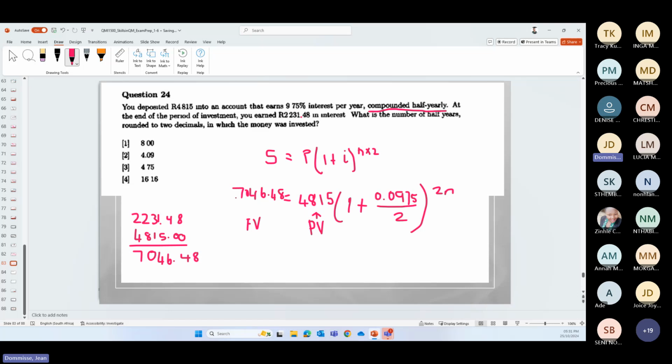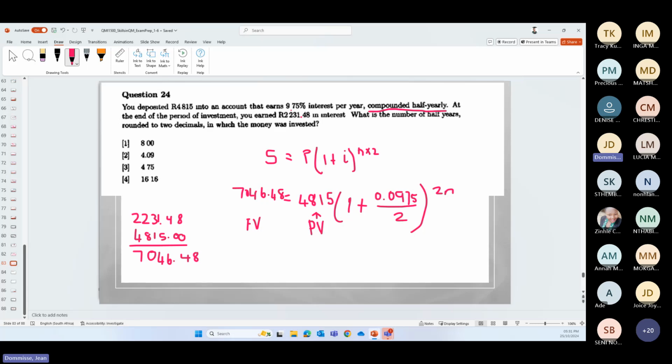So future value is 7046.48. Present value is 4815. There are no monthly payments or anything, so that's 0. Then our interest rate is 9.75.